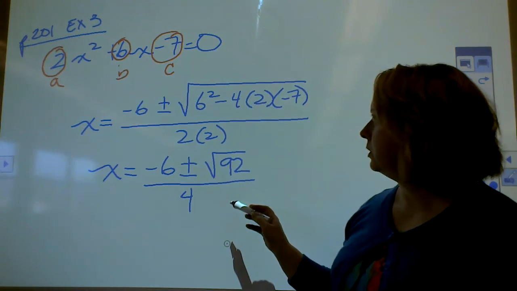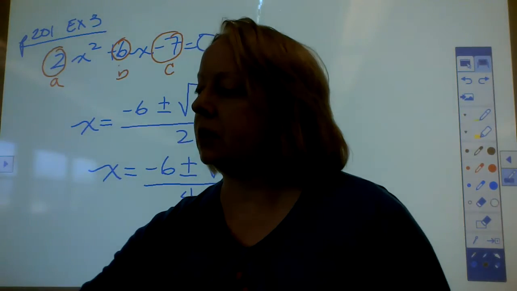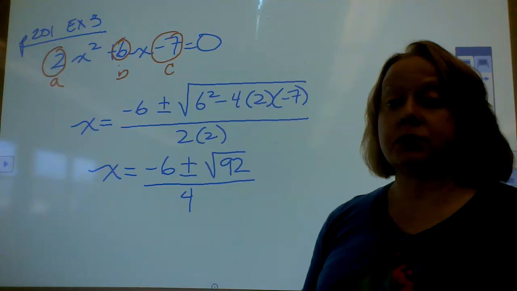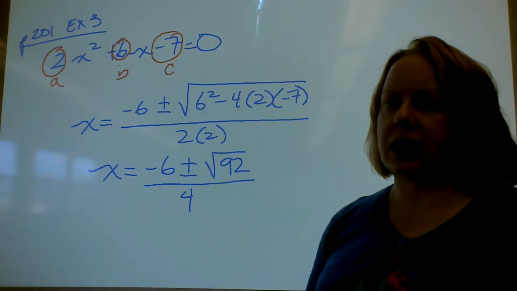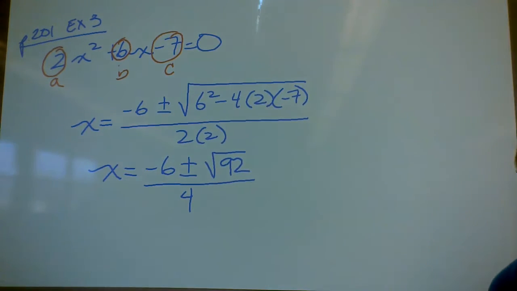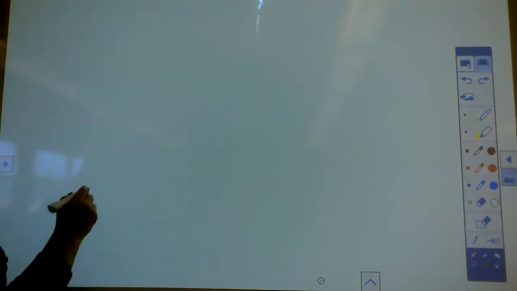All right, let's move on to the fourth example of what's going to happen if you get complex roots, or in other words, imaginary roots, where there's no x-intercept on your graph. So we're going to move on to page 202 and look at that example right there, complex roots.